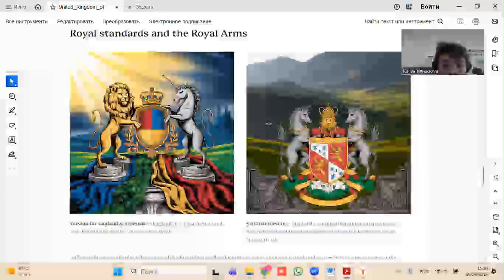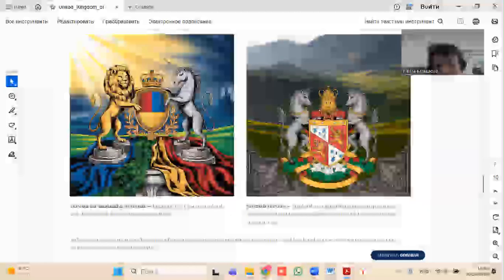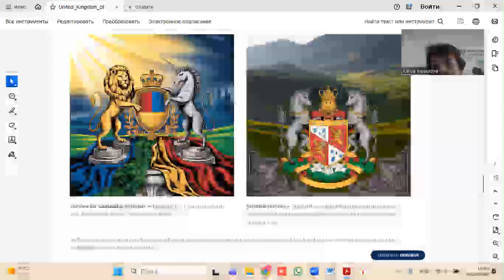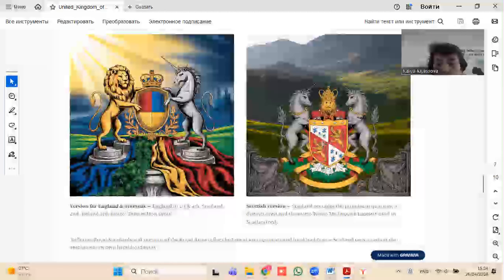Motto: Dieu et mon droit. In the second picture, we see the Scottish version, where Scotland occupies prominent quarters, with a distinct crest and the motto Nemo me impune lacessit, used in Scotland only.